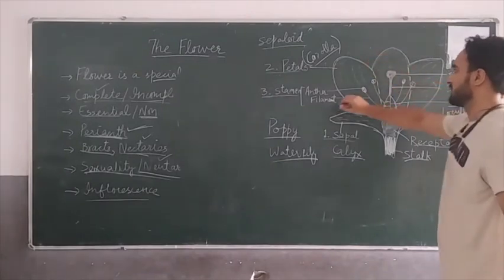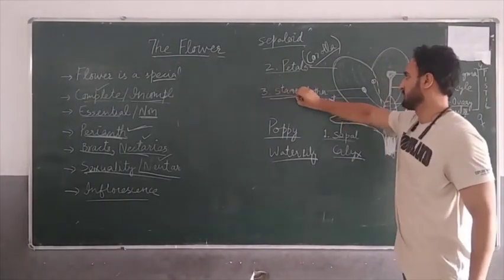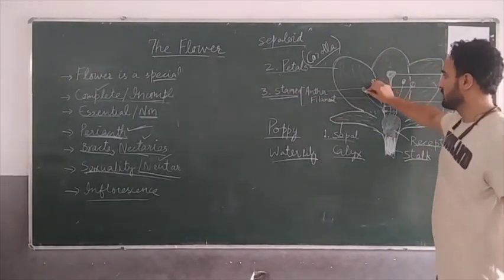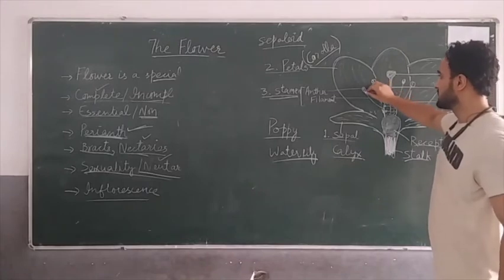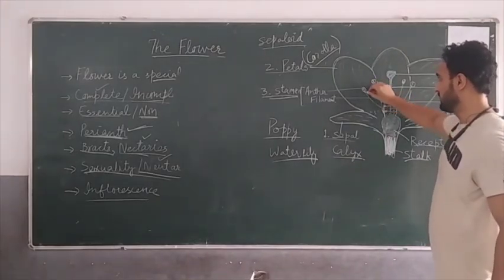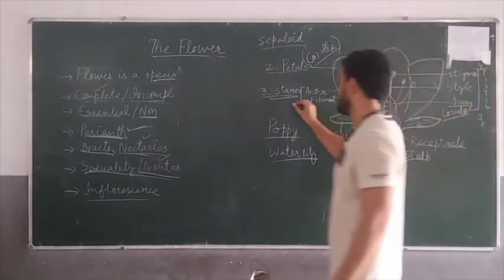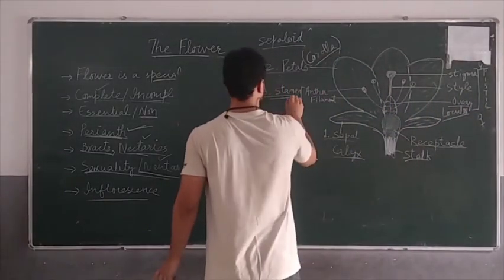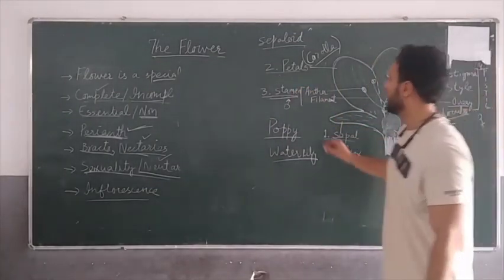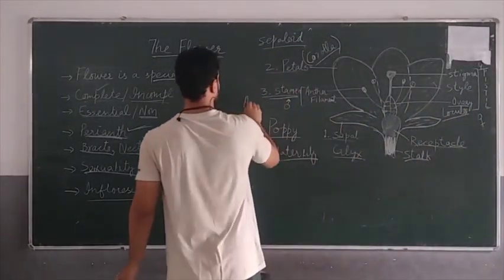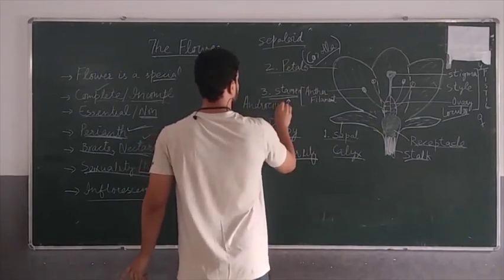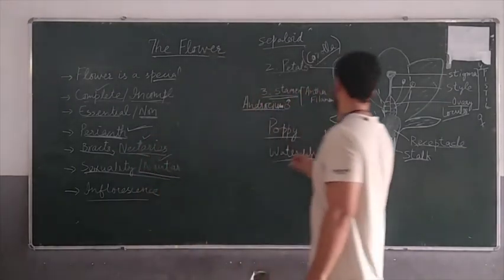The third whorl of the flower is the stamen. Stamen has a bilobed anther and a thread-like filament. These are the male parts of a flower, and collectively the stamens are called androecium.